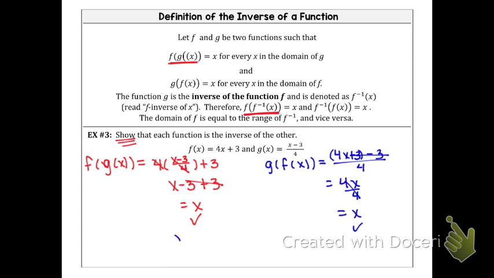And so because f of g of x and g of f of x both have to equal x, we can say that they are inverses. It's not that they're equal to each other, it's they have to equal x, both of them, okay, to show that they are inverses.